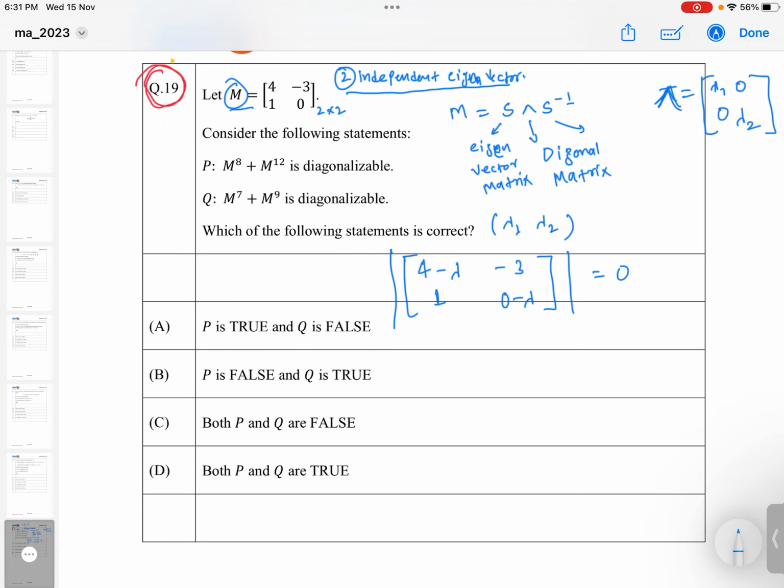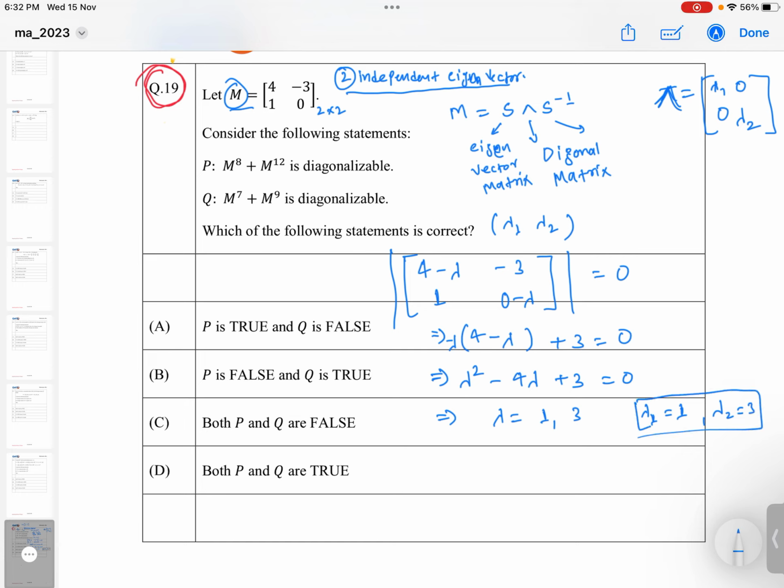From here you make the characteristic equation: 4 minus lambda times minus lambda, plus 3 is equal to 0. So you get lambda square minus 4 lambda plus 3 is equal to 0, and if you factor this, you get lambda equal to 1 and 3. So lambda 1 is equal to 1 and lambda 2 is equal to 3.